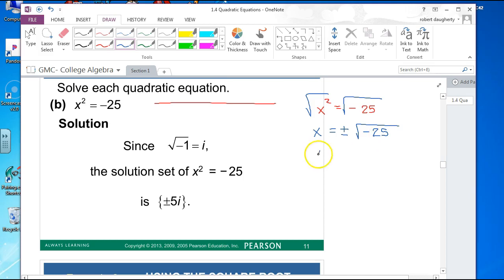The other way of thinking about this is x equals plus or minus the square root of negative 1 times 25. By definition, what is the square root of negative 1? That's i. So x is equal to plus or minus i times the square root of 25. What is the square root of 25? That's 5. So x is equal to plus or minus 5i.